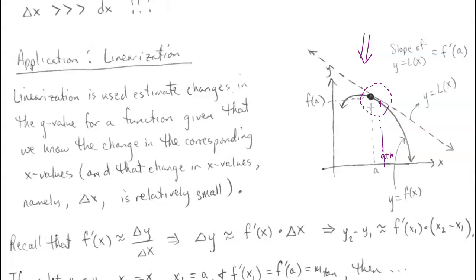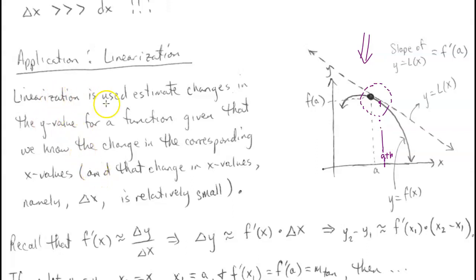That is essentially what linearization is. My function and the tangent line for that function at a particular point are really, really close to each other. So both of those functions act very close to being the same thing around a small interval of x values.